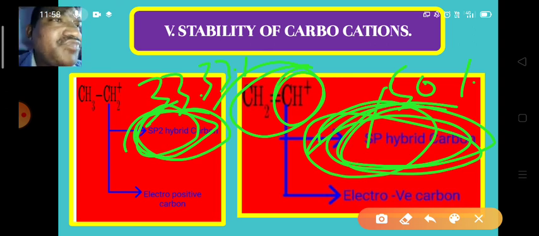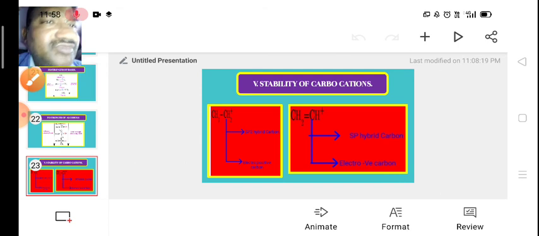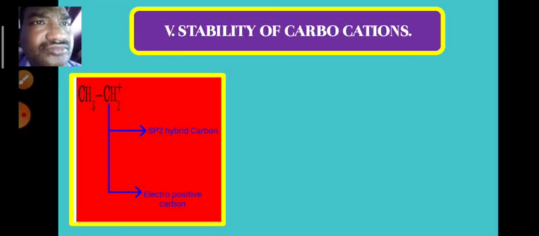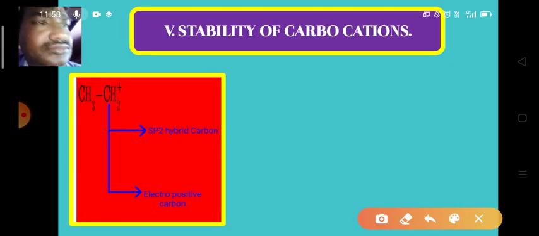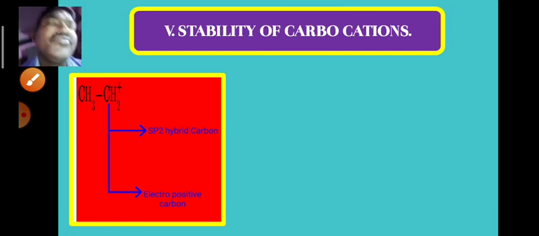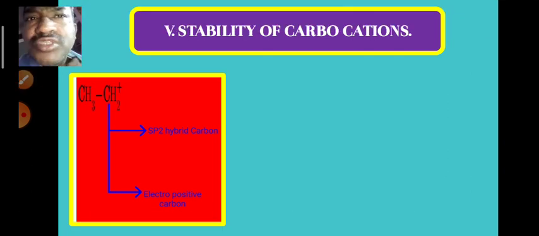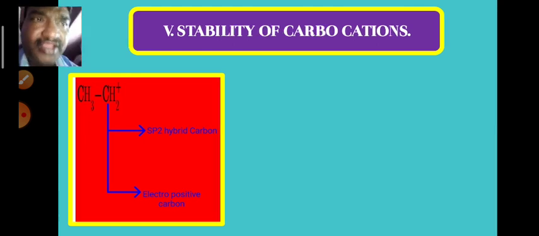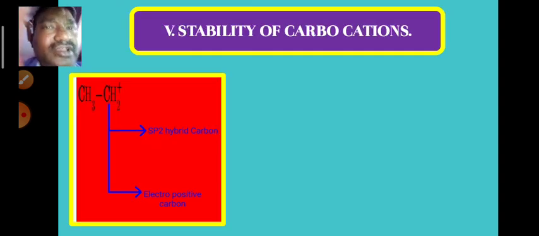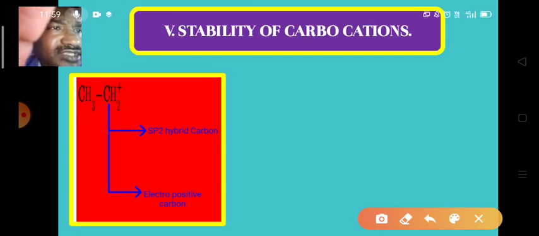So that's why we can say that vinyl carbocation is more stable because a more electronegative atom is bearing the positive charge. So that's why we can say that vinyl carbocation is more stable than the alkyl carbocation.